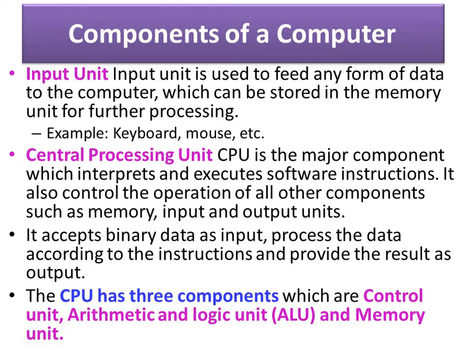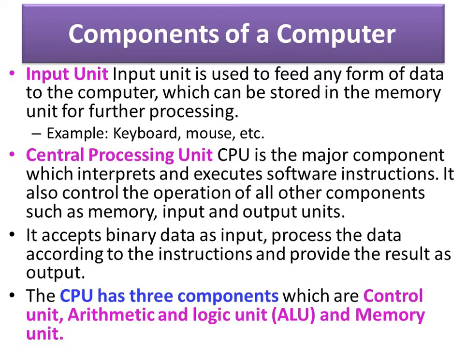The next important component of the computer is the central processing unit, or the CPU. The CPU is the major component which interprets and executes software instructions. So it is the job of the CPU to interpret whatever instruction is given.